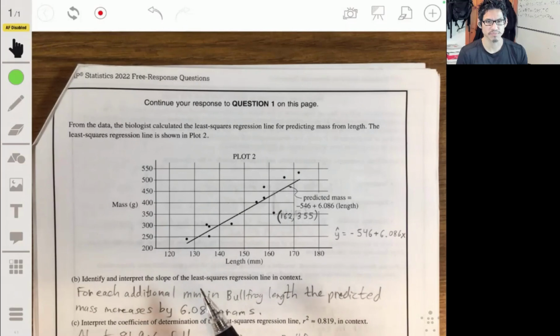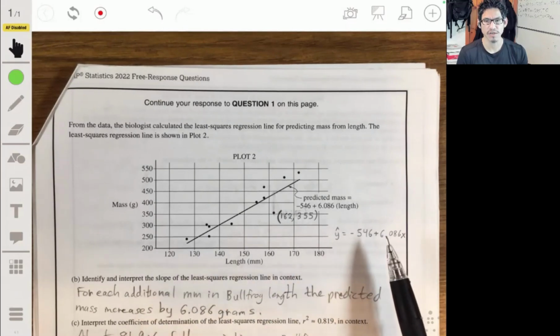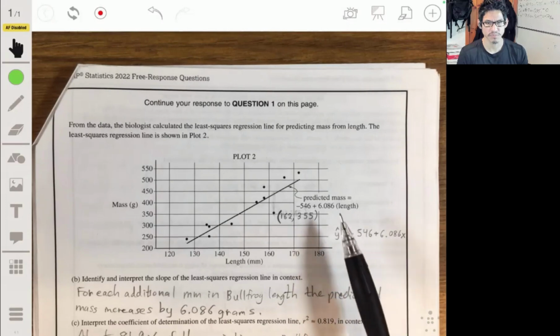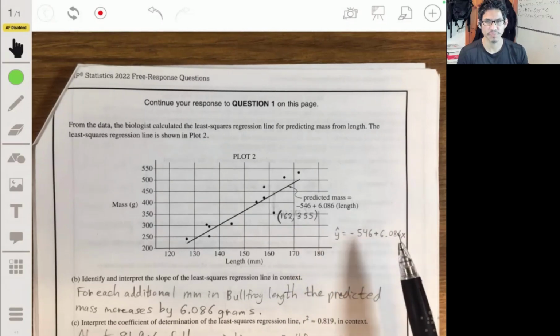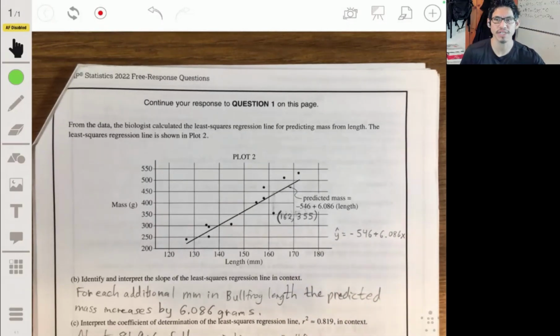Remember, the slope is basically the coefficient of the explanatory variable, or the coefficient of x, which is 6.086. That describes the rate of change, more specifically how much the y value changes for each unit of change in the x variable.